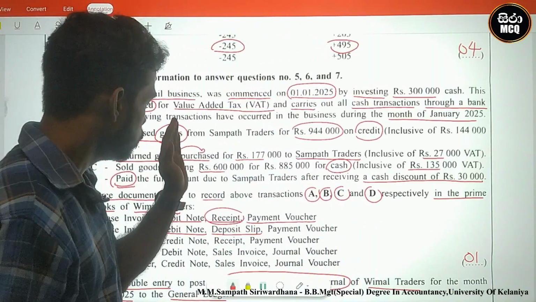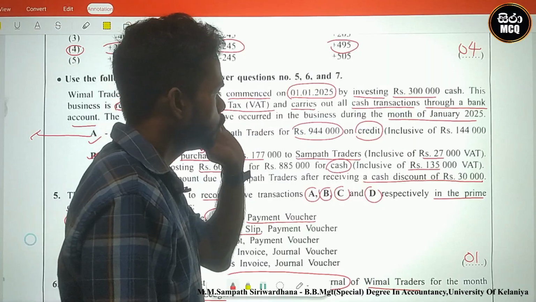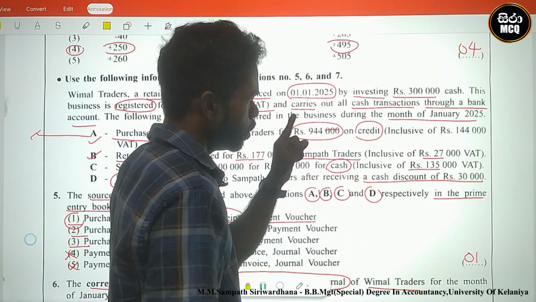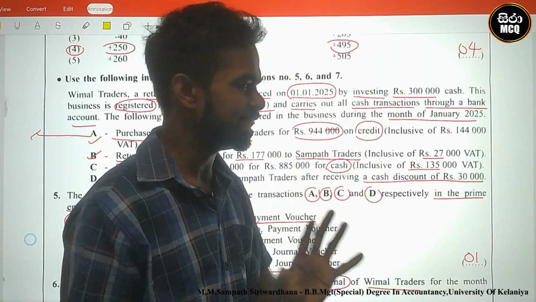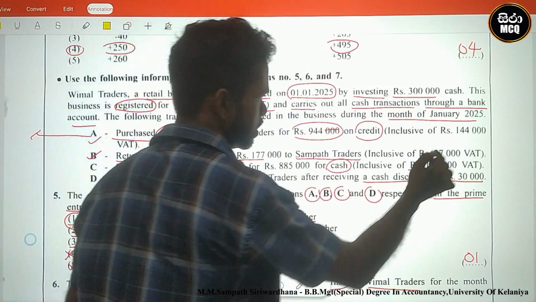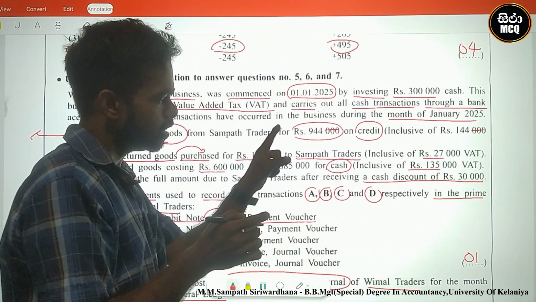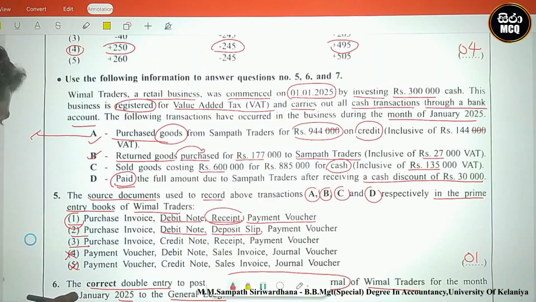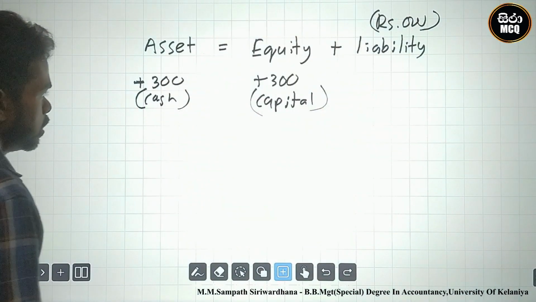Purchase goods from Sampath Traders for 944 on credit, inclusive of 144 VAT. Inclusive means this amount includes the VAT amount. Therefore, at the impact, what is this?